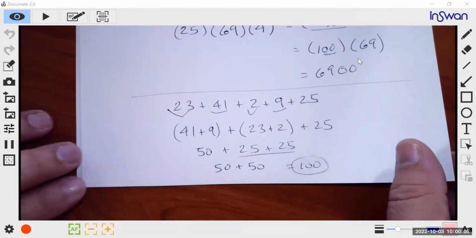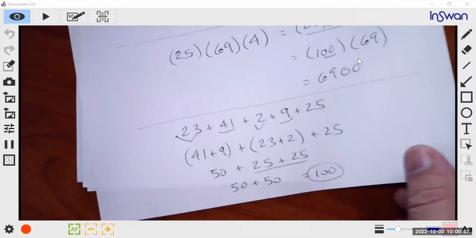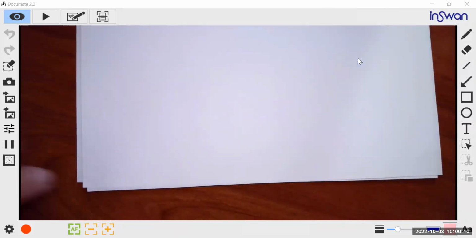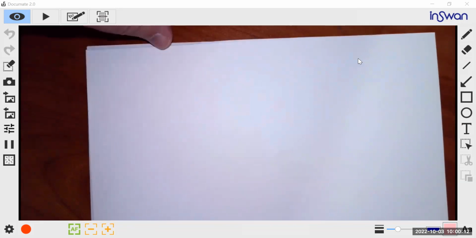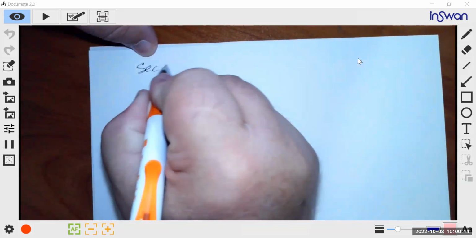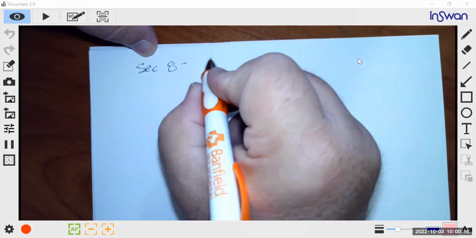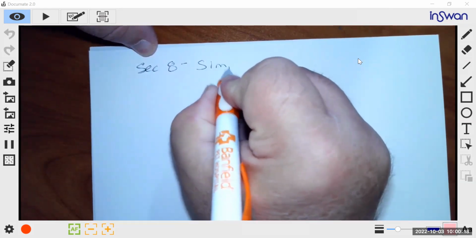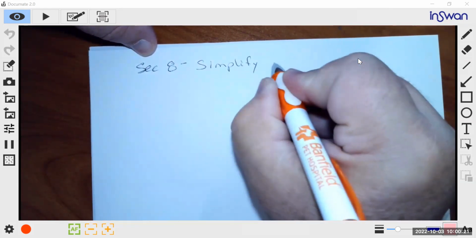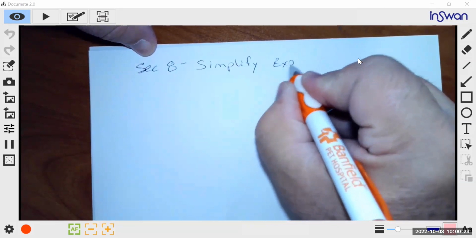All right, those are the properties, and this is why we use them, how we can use them. That's end of section 7. Section 8 deals with simplifying expressions.